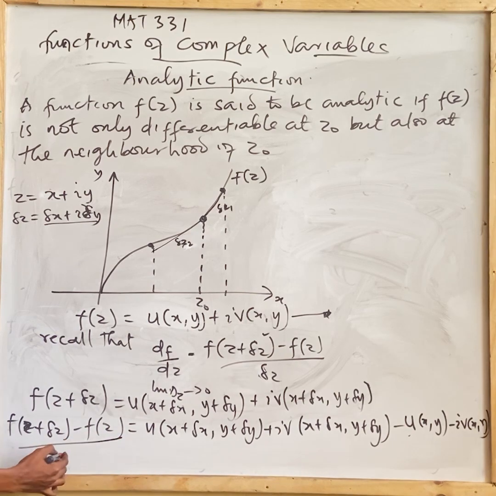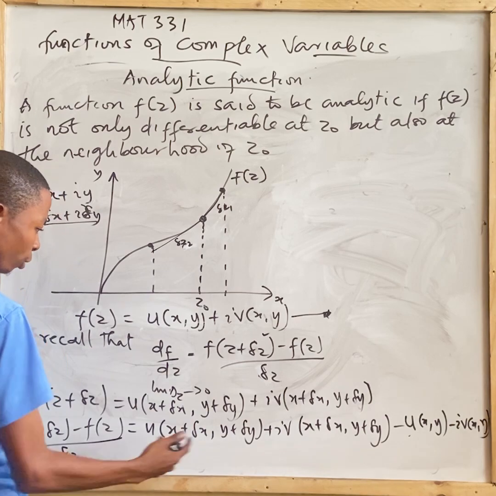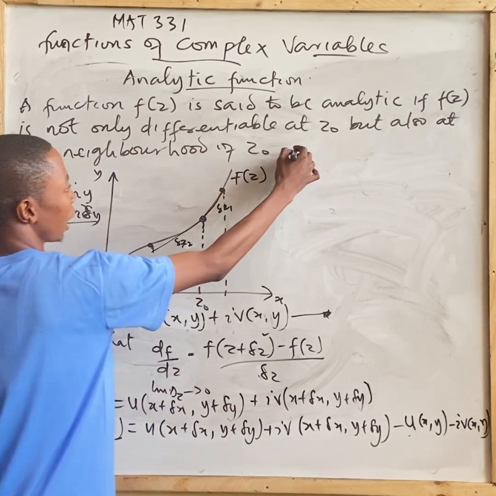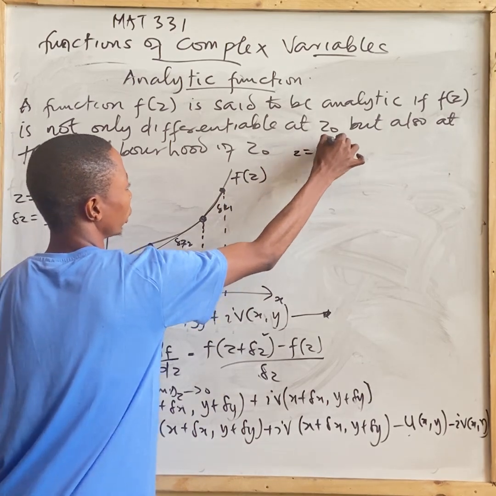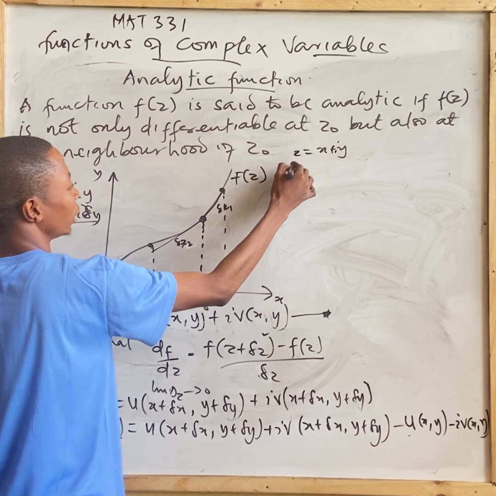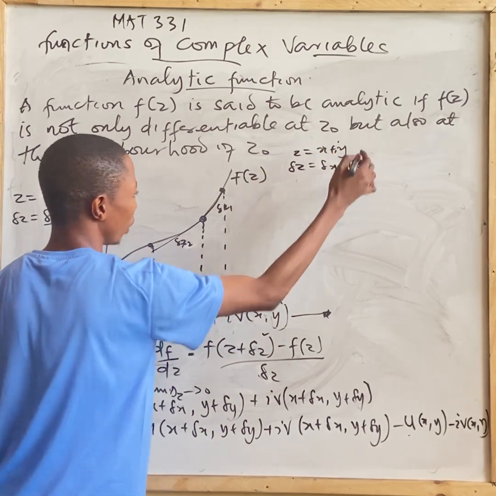After that, the third step is to divide both sides by dz. But you know that z equals x plus iy. If z is x plus iy, taking the differential of both sides, dz is dx plus i dy.